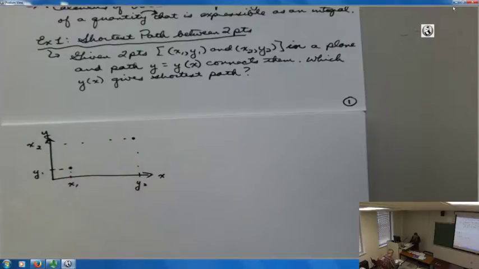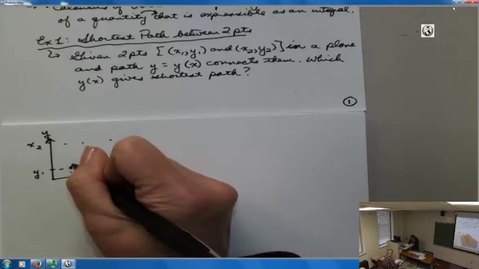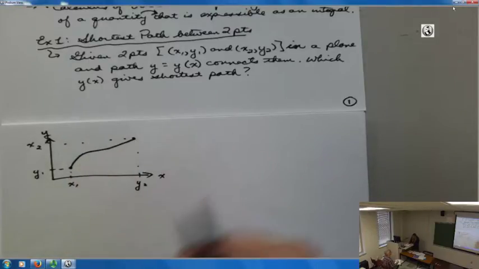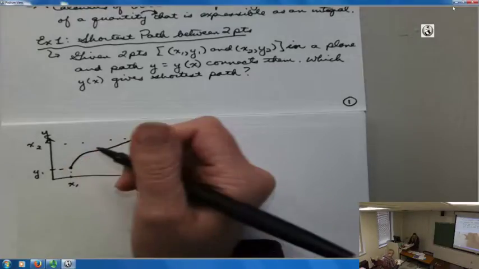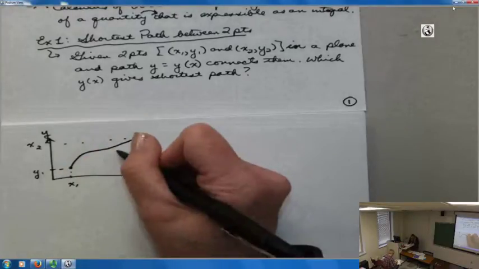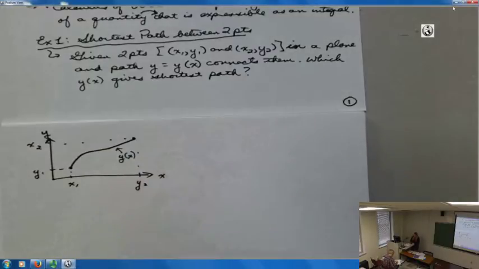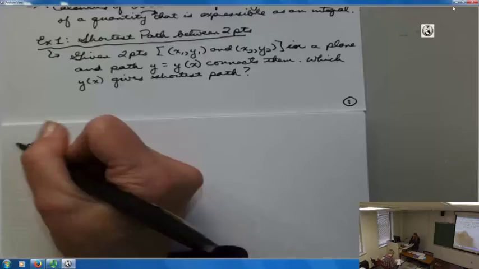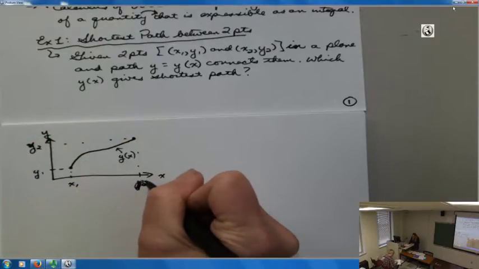And I'm going to imagine just any arbitrary path. So this is just some path, and along that path, y will be a function of x.